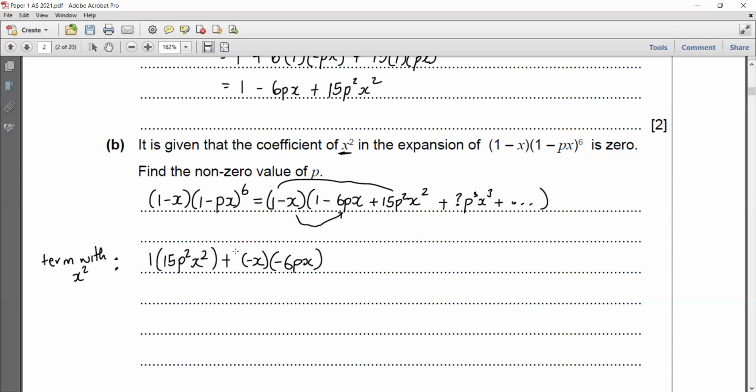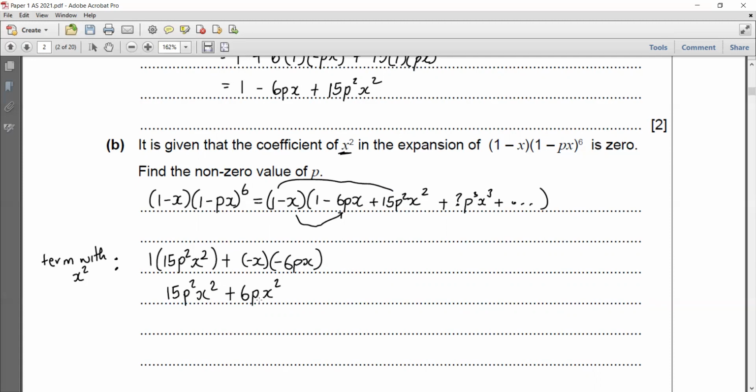Okay, so simplify this, we get 15p squared x squared. And then here I have a negative and a negative, which will give me a positive, so plus 6p x squared.